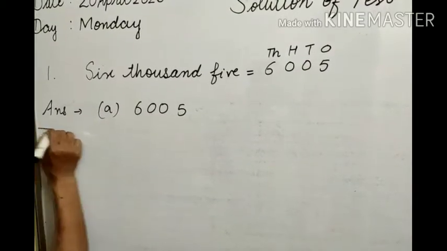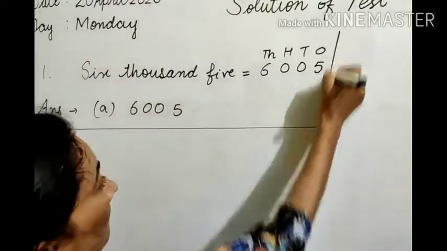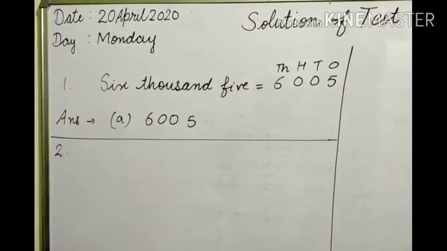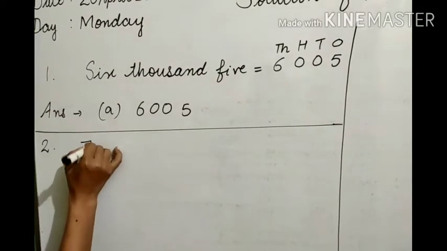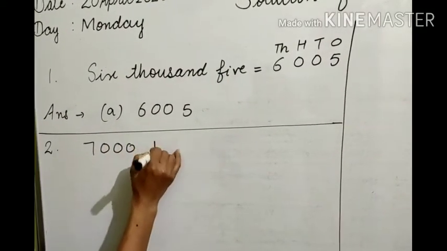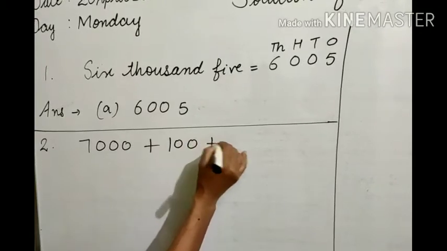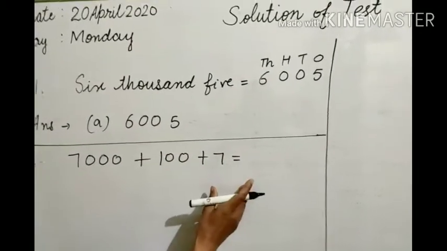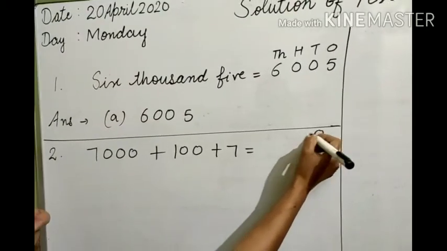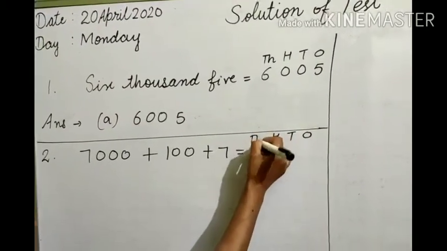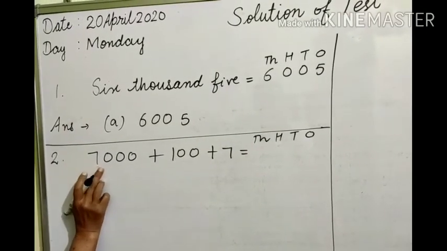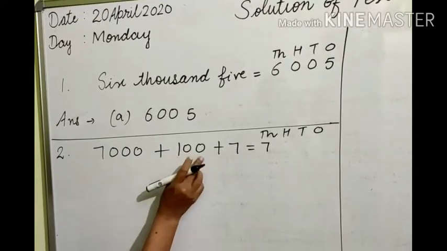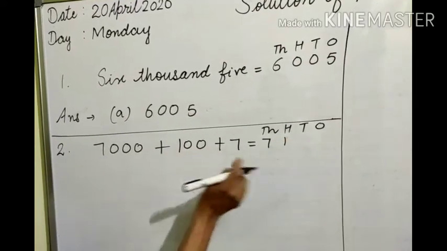Question number 2. The numeral for 7000 plus 100 plus 7. You will write its reduced form or short form. In the same way, first we will write places up to thousands. With thousand, 7. Hundred means 1 in the hundreds place.